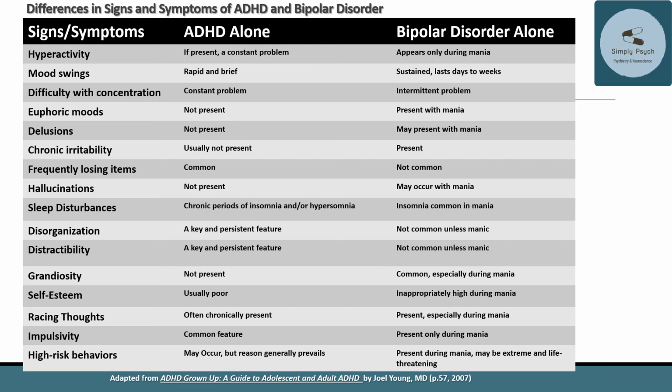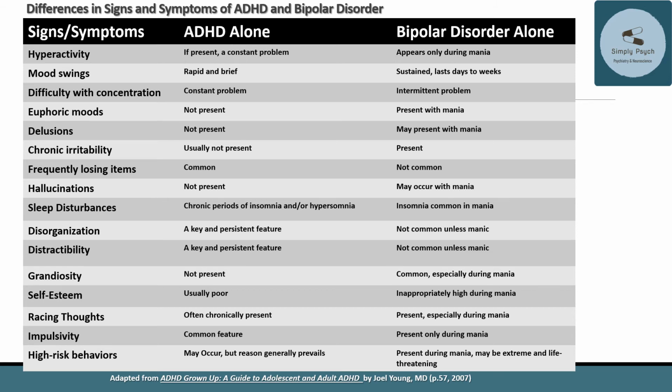Bipolar disorder is defined as an episodic illness, and the mood swings are episodic. They're the ups and the downs. They are sustained. They last for days to weeks. It's not rapid and brief like you see in patients with ADHD.